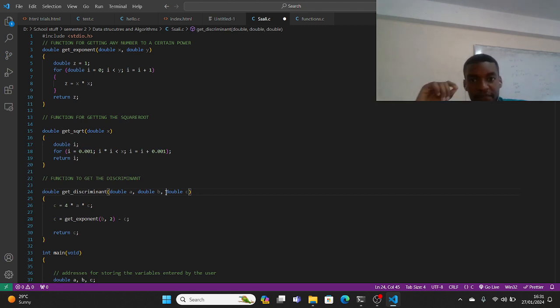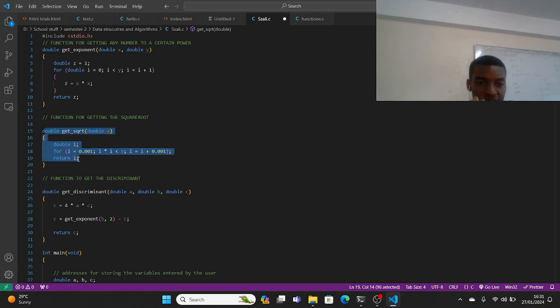The only difference is float can only store a maximum of, say, 4 digits after the decimal place, but double can let you store up to 8. The reason I'm using double is that it allows you to use a wider range of values than float. So that's why I'm using double.